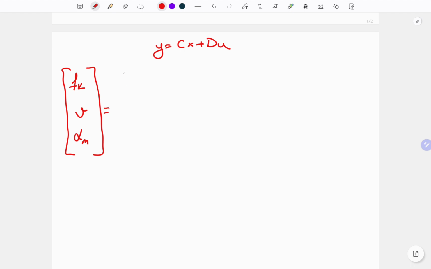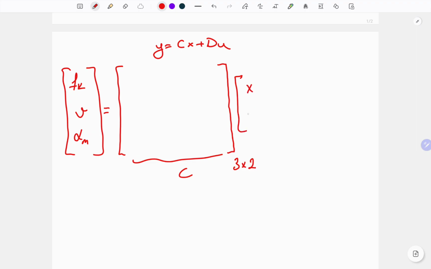Here we need to find matrix C, and its dimensions will be the number of rows according to the number of outputs and the number of columns according to the number of states, because we will multiply this matrix with our state vector, which includes x and v.